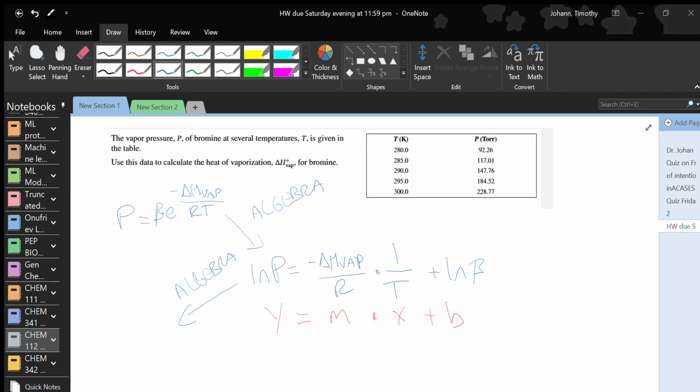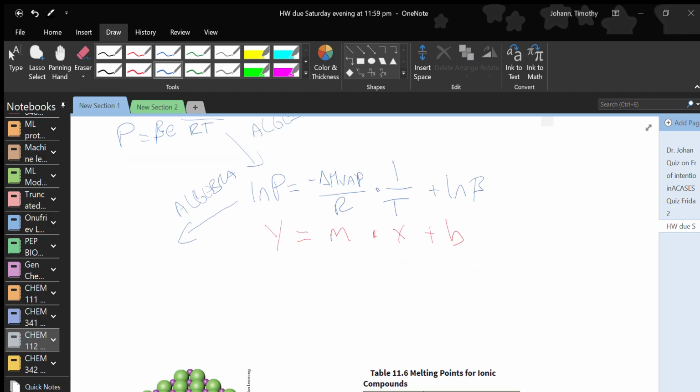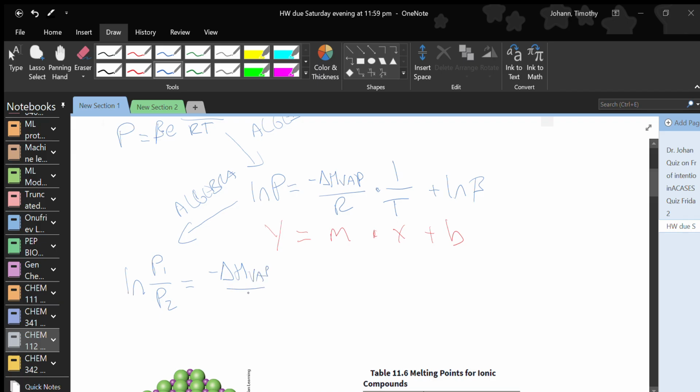Okay, just subtract them, and what we got from that was the two-point version of the Clausius-Clapeyron equation, which says the natural logarithm of pressure 1 over pressure 2 is going to be equal to the heat of vaporization over R times 1 over the temperature that goes with the first pressure minus 1 over the temperature that goes with the second pressure. Okay, and this is the equation that you might have to use on a quiz or test, like next week's quiz.